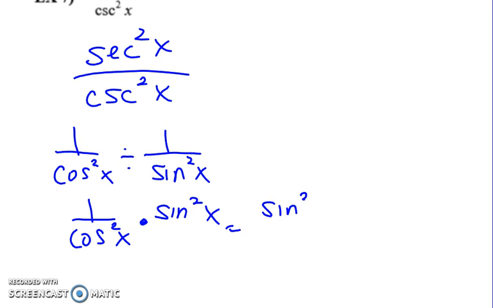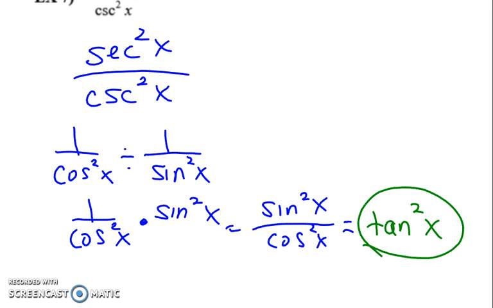So sine squared x over cosine squared x, if tangent is sine over cosine, is just going to be tangent squared x. So hopefully you understood most of this, and we will practice further in class.